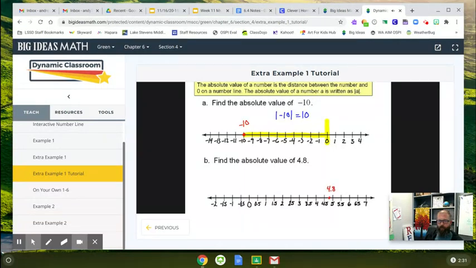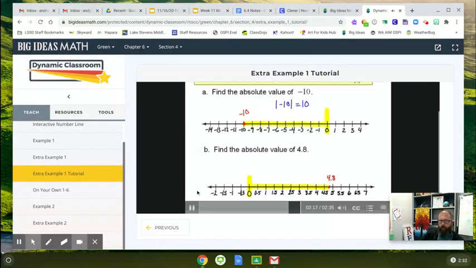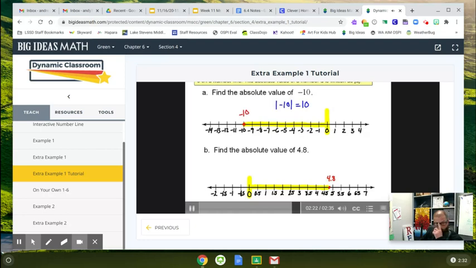Next, we need to find the distance between 0 and 4 and 8/10. 0 is 5/10, 1, 1 and 5/10, 2, 2 and 5/10, 3, 3 and 5/10, 4, 4 and 5/10, and 4 and 8/10 away from 0. Because the distance between 4 8/10 and 0 is 4 8/10, the absolute value of 4 8/10 is 4 8/10.